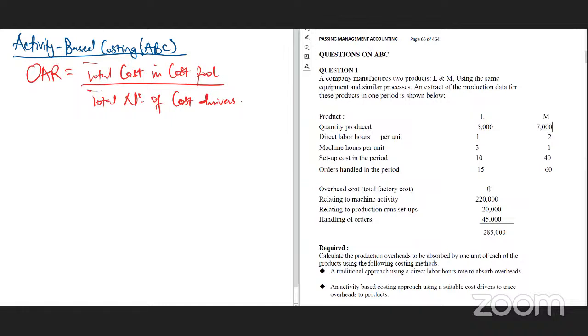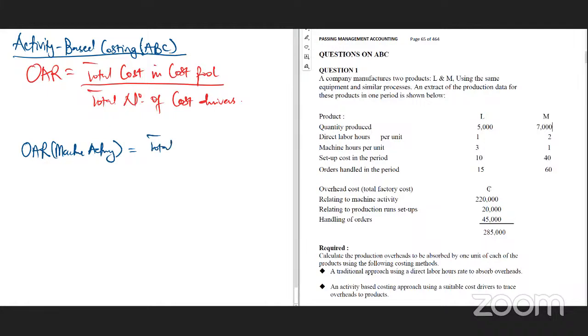So in that case, for each activity, how many activities do we have? You take OAR for each of these activities, right? We don't put all the 285 together like we did. Do you get the idea? So in that case, let's see if we need OAR for machine activity. Do you guys get it? Then the OAR becomes what?